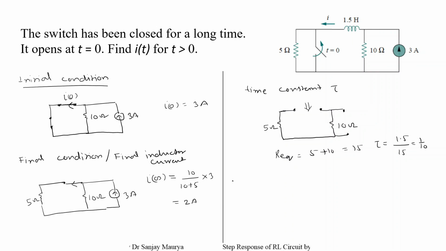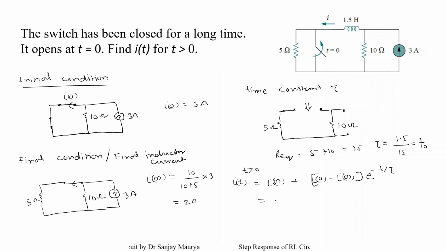So now the current across the inductor i(t) for t greater than 0 will be I infinite plus (I0 minus I infinite) e to the power minus t by tau. So I am going to substitute the values.